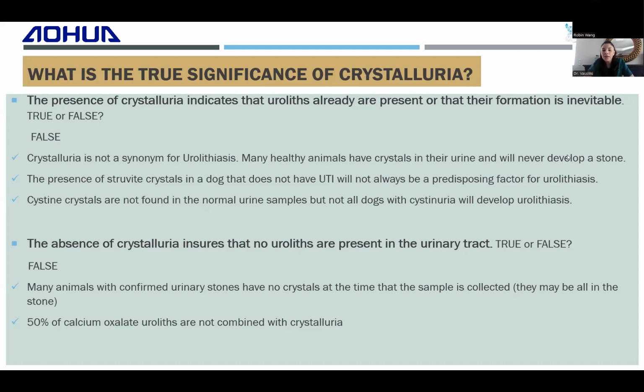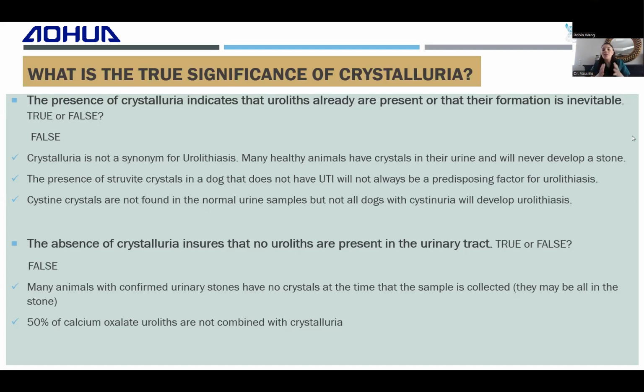Many healthy animals have crystals in their urine and will never form any kind of urolithiasis. And also, the presence of struvite crystals, especially in dogs that do not have a urinary tract infection, will not always be a predisposing factor for urolithiasis.